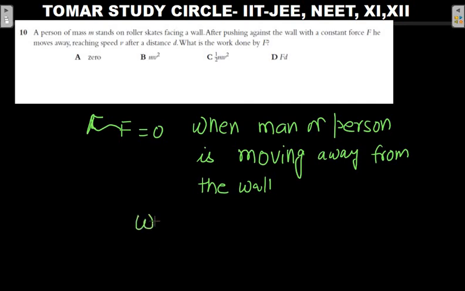Hence the work done W by this force F multiplied by d will be equal to 0, since F becomes 0 as the person loses contact with the wall. Okay, the correct option is answer A.